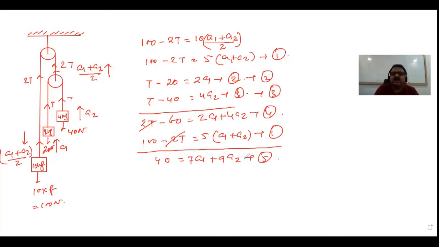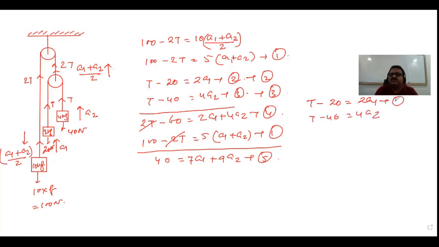Now, what we have to do? We need to solve this equation, correct? Clear? Now we can do another thing. Let's take the help of equations 2 and 3. T minus 20 is equal to 2A1 and T minus 40 is equal to 4A2.